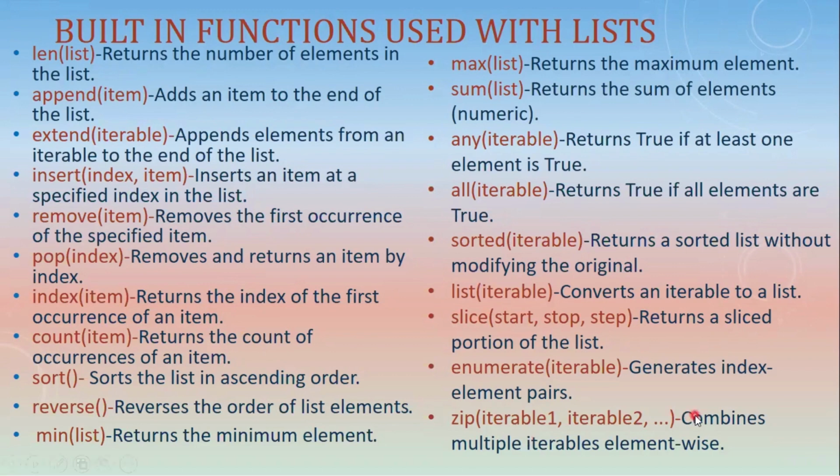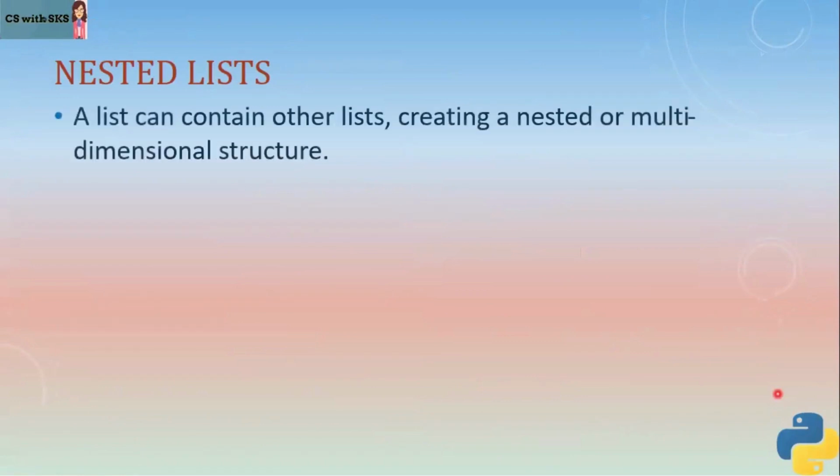However, before that, let's see what are nested lists in Python. So nested means when we contain a list within some other list, right? A list can contain other lists, creating a nested or multi-dimensional structure. Now, this is very important to understand because we also use lists to implement arrays in Python.